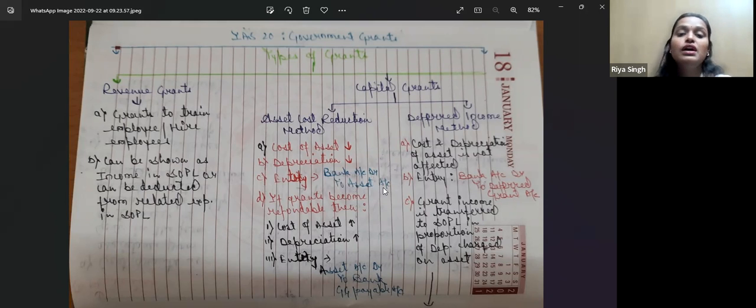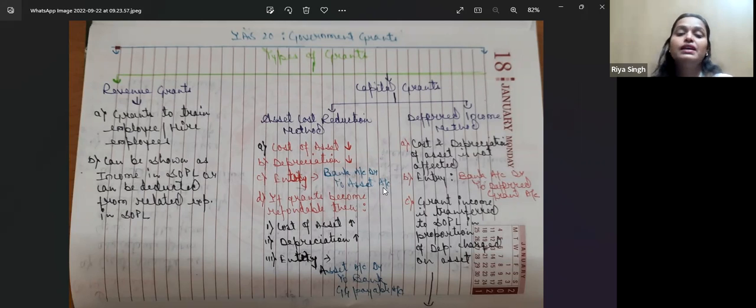Now, as I told you, a government grant is every time given with some conditions. If we do not fulfill these conditions, there is a possibility that the government will ask to refund their grants as well.